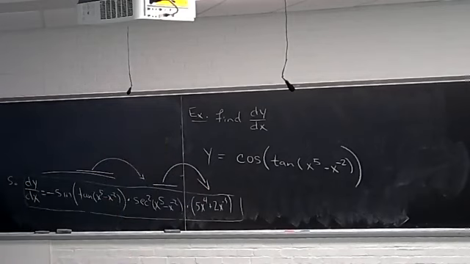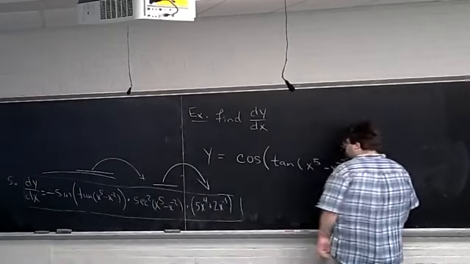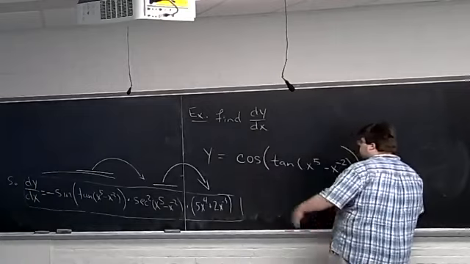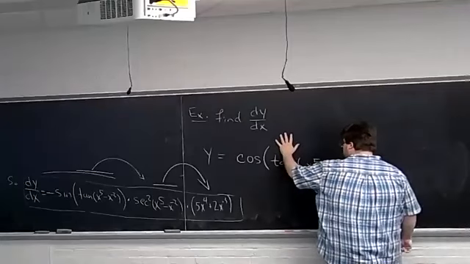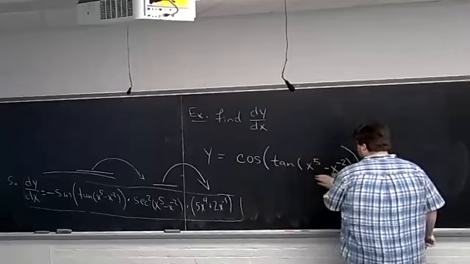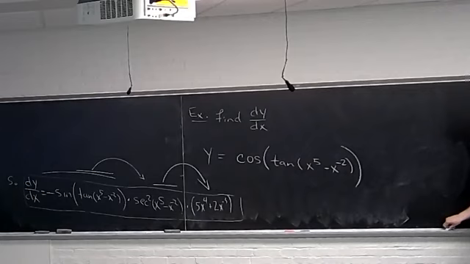So in a sense here, we're working from the outside in, if you want to do this in one step. Negative sine of this times derivative of this, secant squared of this, times derivative of that. So in a chain rule, you could have multiple chain rule type steps. Any questions about any of the chain rule examples we did?